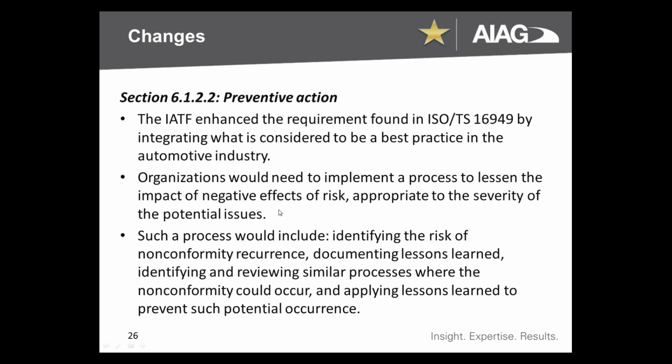Organizations need to implement a process to lessen the impact of negative effects of risk, appropriate to the severity of potential issues. And such a process would include these sound steps: identifying the risk, documenting lessons learned, identifying and reviewing similar processes where the nonconformity could occur, and applying lessons learned to prevent such potential occurrence.